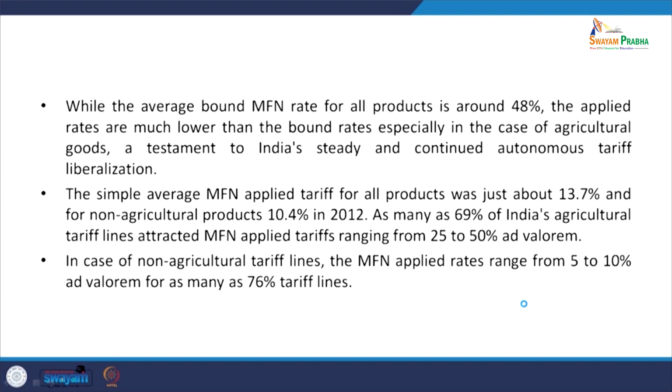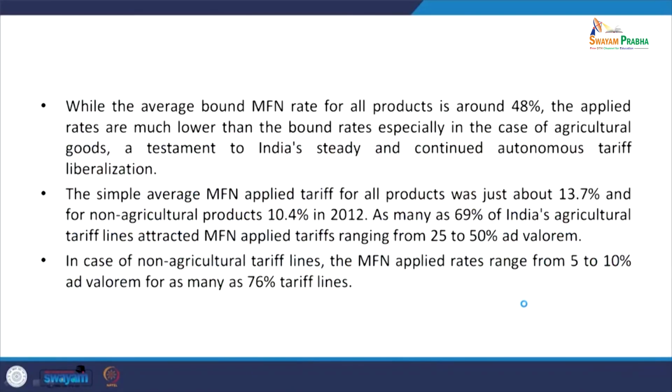Regarding another addition, we all know it from the recent hue and cry regarding India's restriction of MFN status to Pakistan, where we have abolished the MFN status to Pakistan. The simple average MFN applied tariff was around 13.7% for non-agriculture products and 10.4% in 2012.